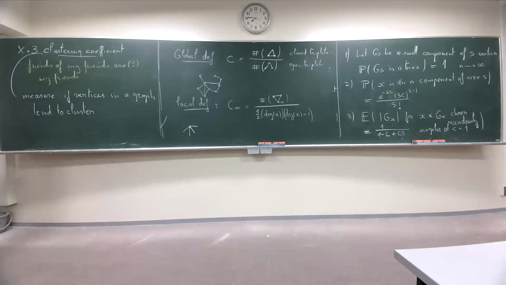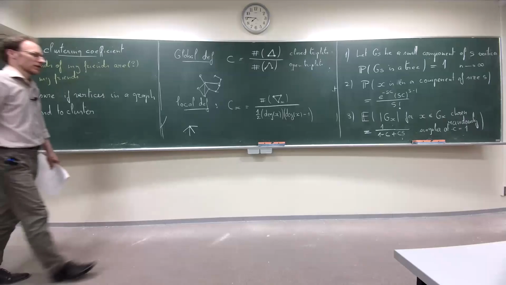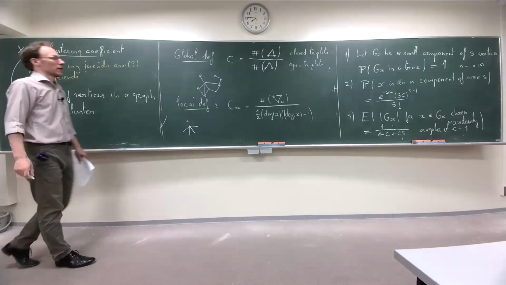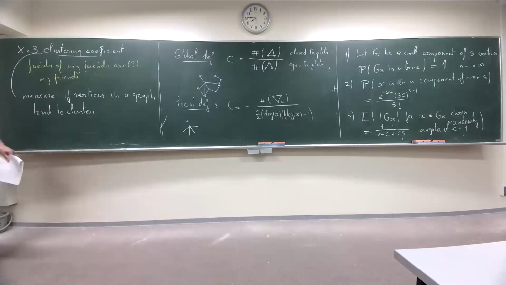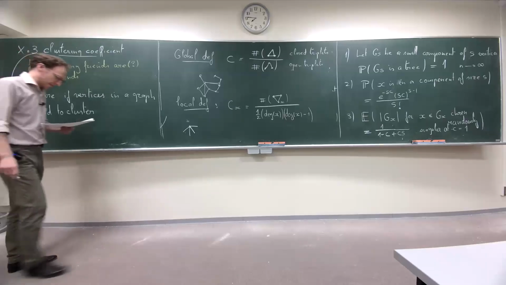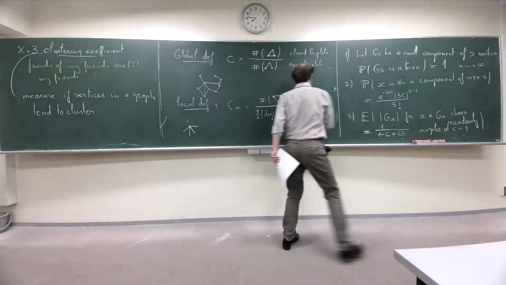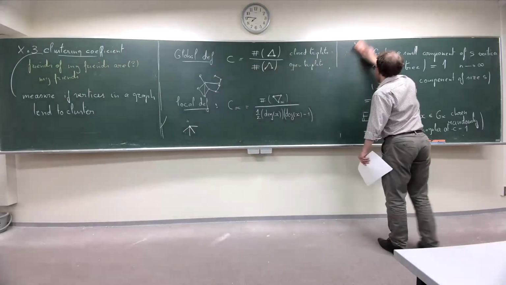If this X has a degree, you can compute the number of triangles and it's given by this. And so these definitions are valid. You can define them for any graph.